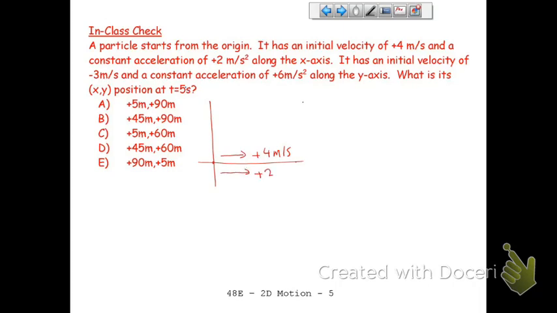Plus 2 meters per second squared. In the y direction, it has initial velocity of minus 3 meters per second and acceleration of plus 6 meters per second squared. So here it is at time t equals 0.